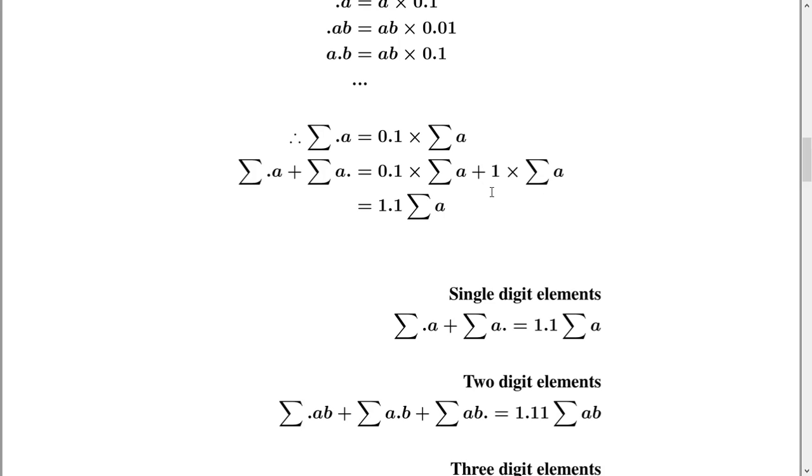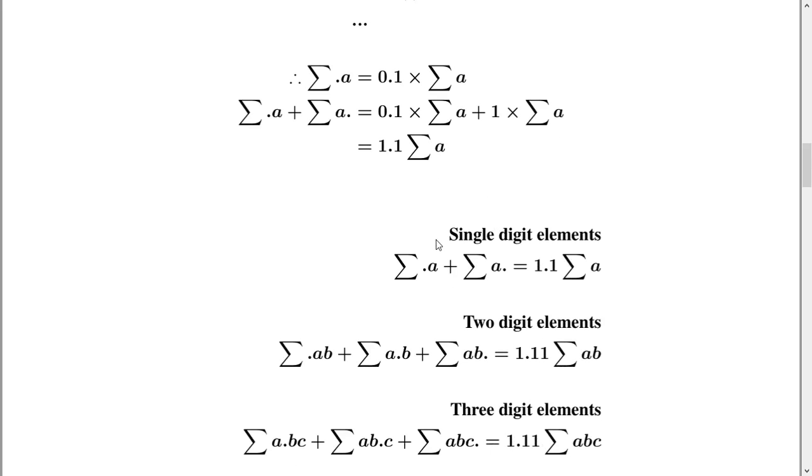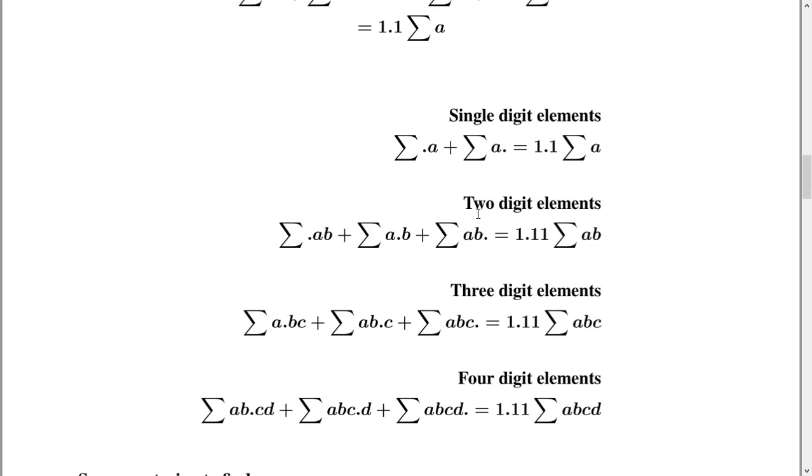So we'll use that to find the summation of all the single digit, 2-digit, 3-digit and 4-digit numbers. So for the single digit elements we had these two forms, and summation of point A we found was 0.1 times summation of A. So this plus this is nothing but 0.1 plus 1, 1.1 times summation of A. Similarly, for 2-digit elements we had 3 different forms.